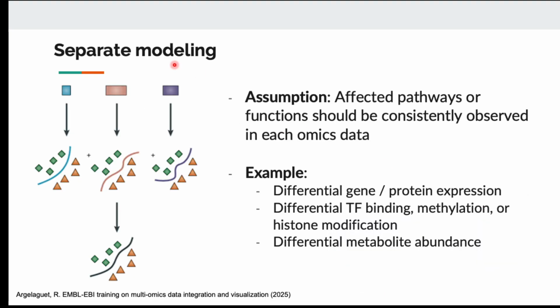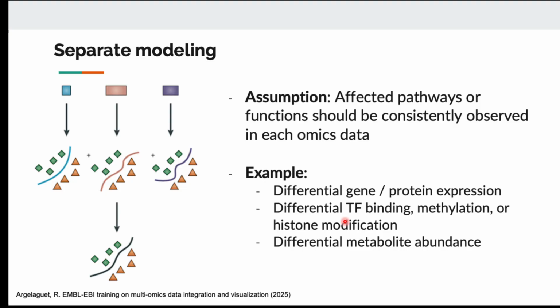For this type of independent modeling approach, you don't integrate the cells. Right? In transcriptomics, you analyze the sample, whatever cells they are, whatever sample they are. In the epigenetics, you analyze the sample, might be from different cells, but from the same disease.